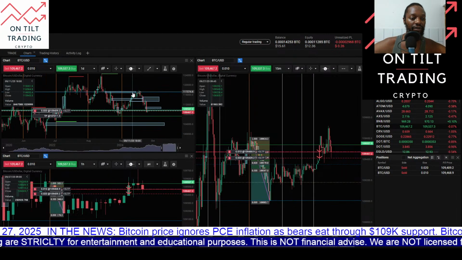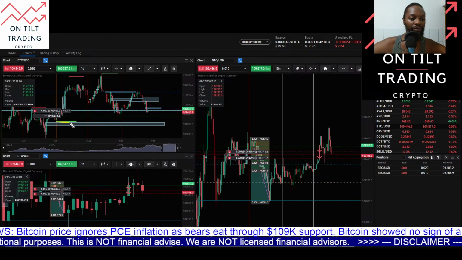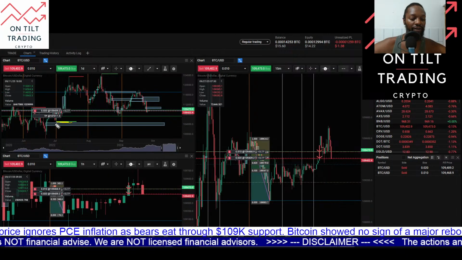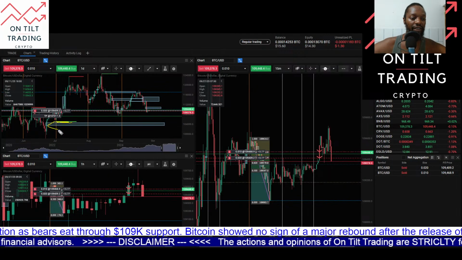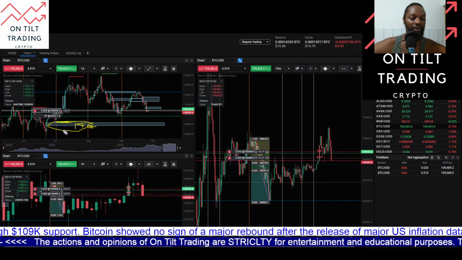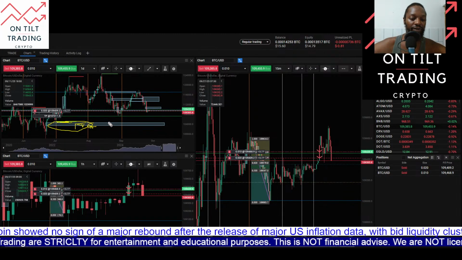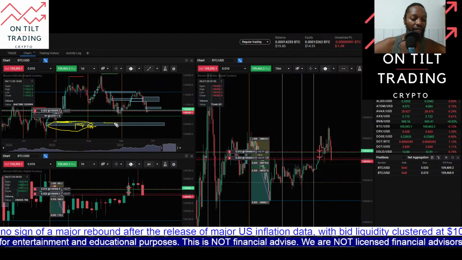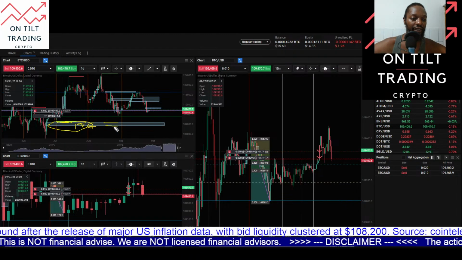And then here, there's also a liquidity pool resting below this level here, which is July's low. And then there's also a fair value gap right here that has not been traded into. So there's an opportunity for trading into the fair value gap or rebalance.